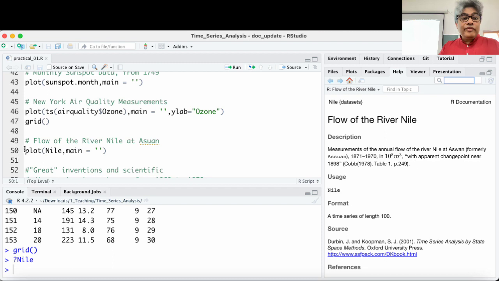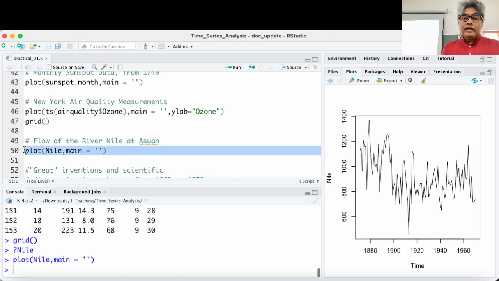And if you plot this data, you can see that annual flow was at a certain level, and then around 1900 it came down significantly. The overall flow came down, and that was because a dam was put in on the Nile.